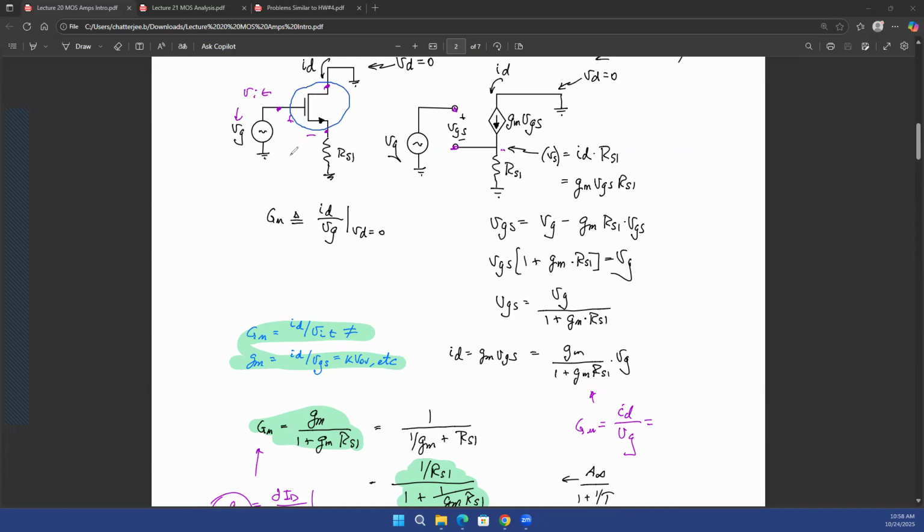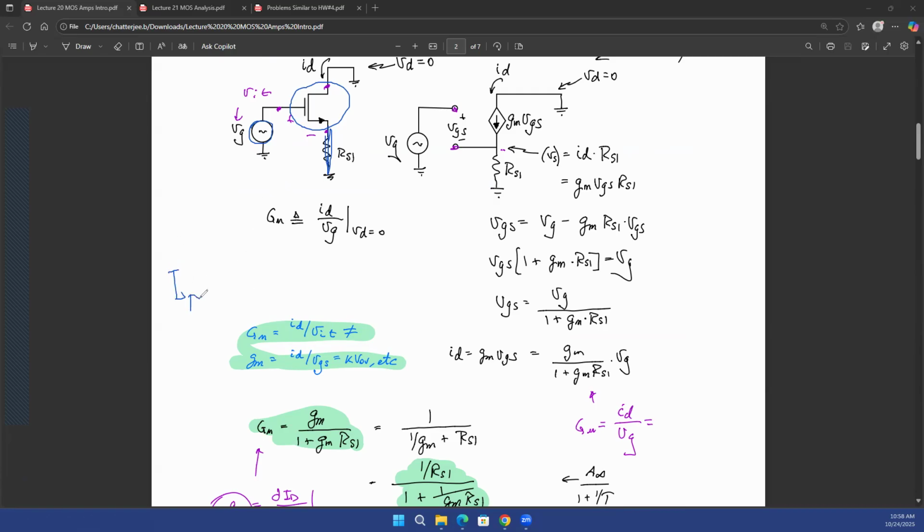Now, if you just did not have this source resistance over here, what would happen to the current through the MOSFET? Your gate voltage is whatever voltage you're providing over here. Your source is connected to ground, so VGS will be equal to the gate voltage. Now, in terms of the DC biasing, if we go back to homework 4 for a moment, what is the DC current?